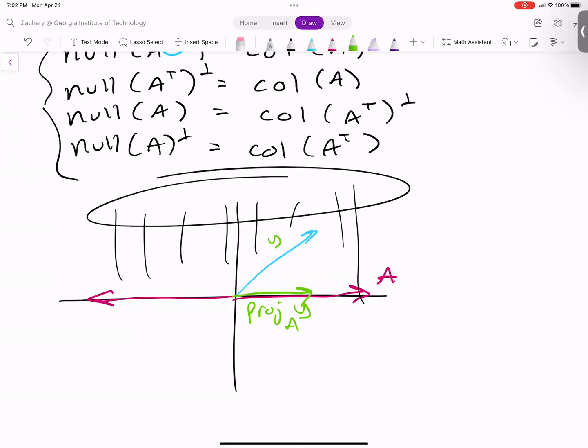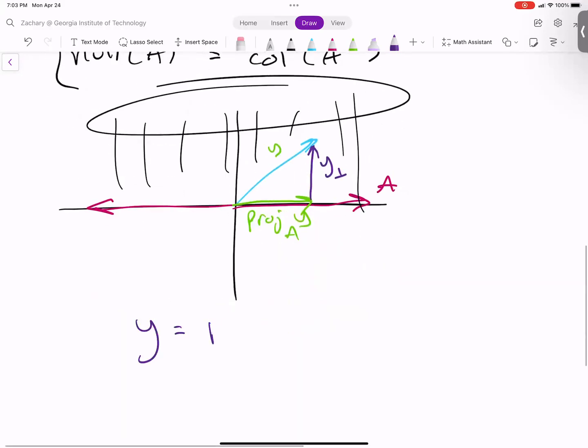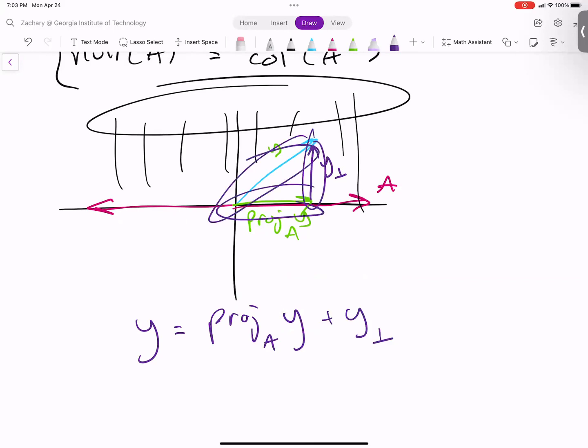We can also break this vector up into a second part, the part sticking straight up, which is orthogonal to A. We call this the orthogonal component of y, often written y perp. One sidebar: y is always equal to the projection of y onto A plus y perp. It's just this vector plus this vector gives me the original vector.